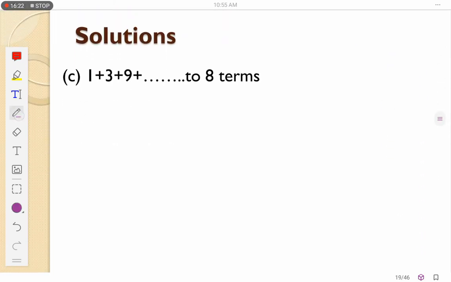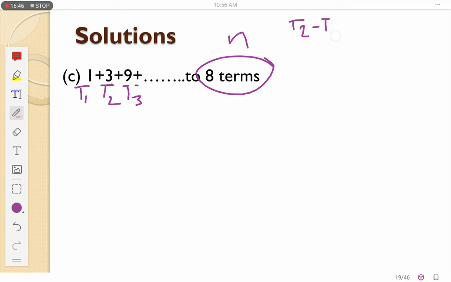Here again I'll have term number 1, term number 2, term number 3, and so on, and this is our N here. With this question, I'll also do the common difference. If I say T2 minus T1, what do I get?